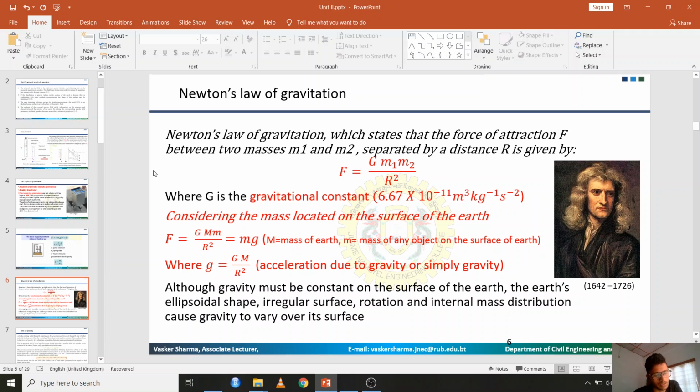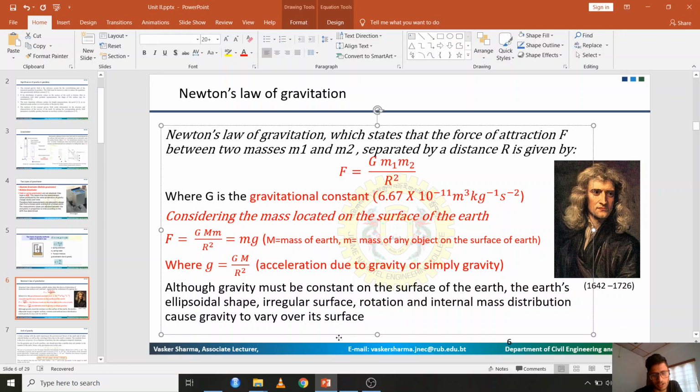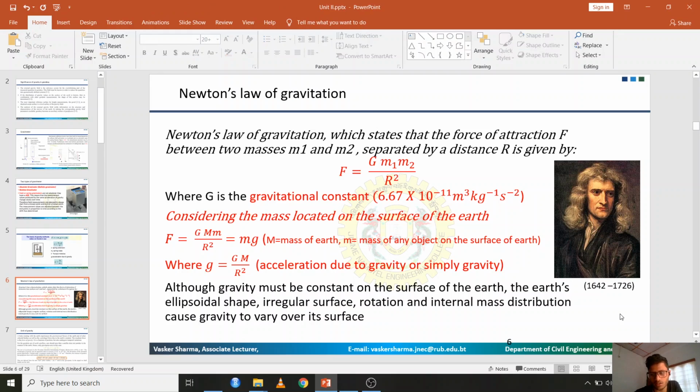It can actually bend light. Until around 1600, it was assumed that light cannot bend and travels in a straight line. But after Einstein proposed his ideas, they found out that light also bends. This bending of light is basically due to gravity.